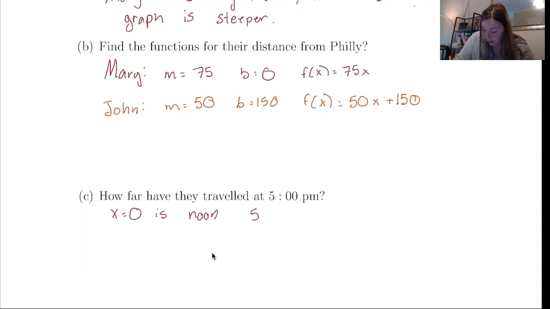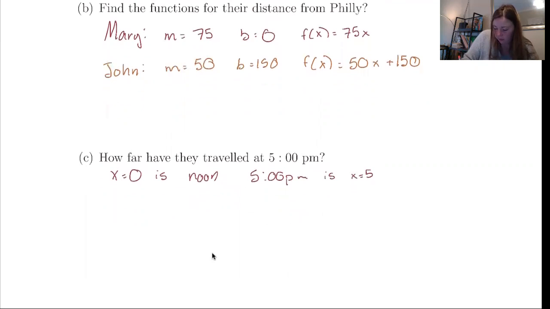So 5 p.m. is x equals 5. Alrighty. So for Mary, you could have called it like m of x and j of x if you wanted to, but it doesn't really matter.